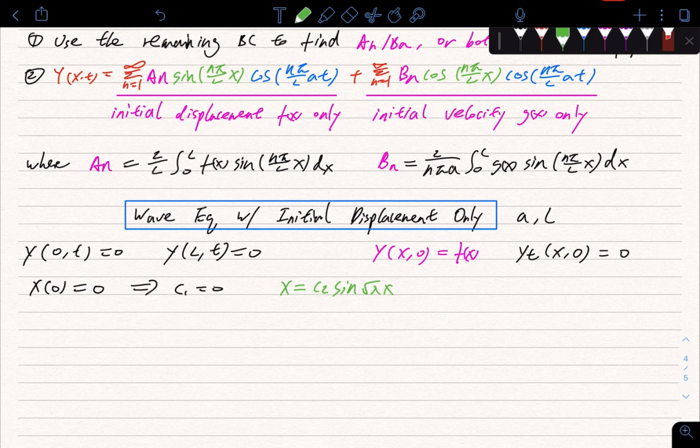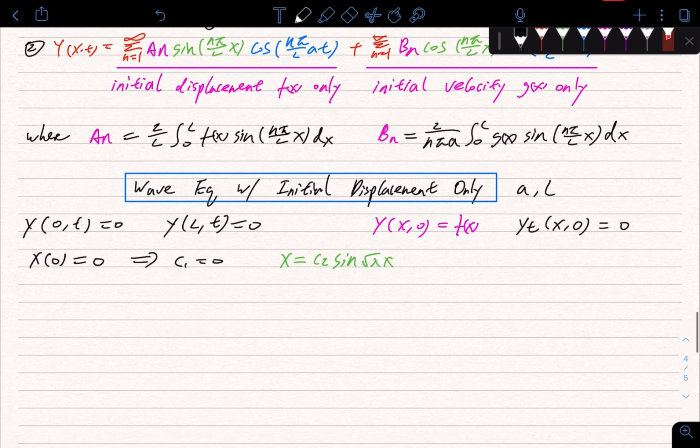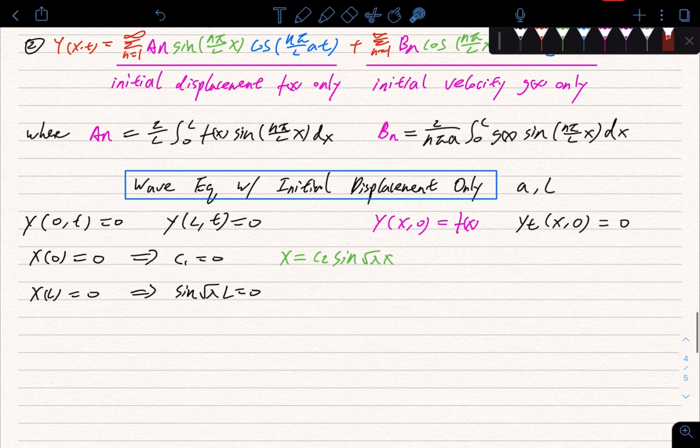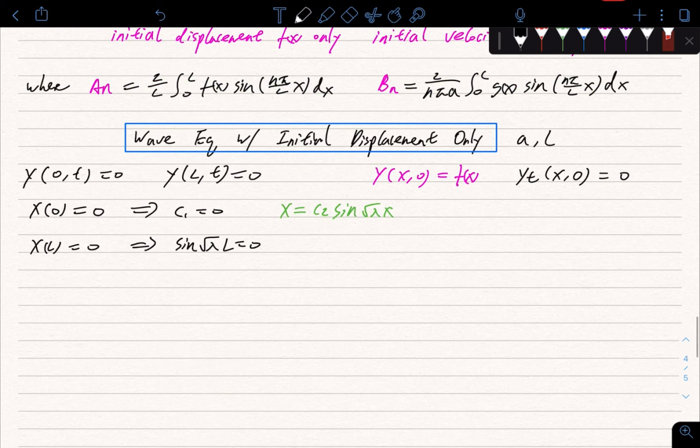So let's use our second boundary condition, and that is x of L equals 0. And that will leave us sine of square root of lambda L equals 0. Again, c2 cannot equal 0 since c1 is already 0, otherwise the solution is trivial. So what this tells us is that square root of lambda L equals n pi, right?